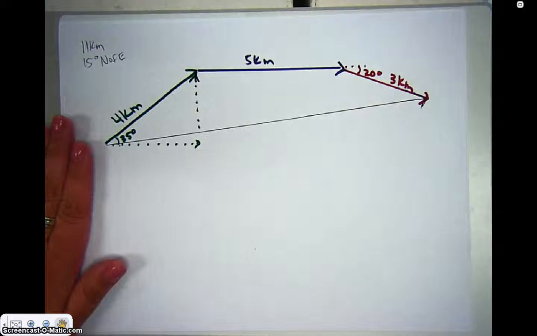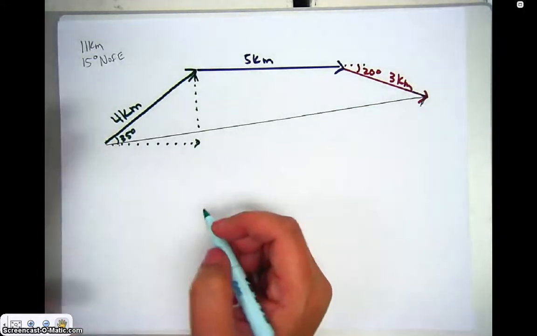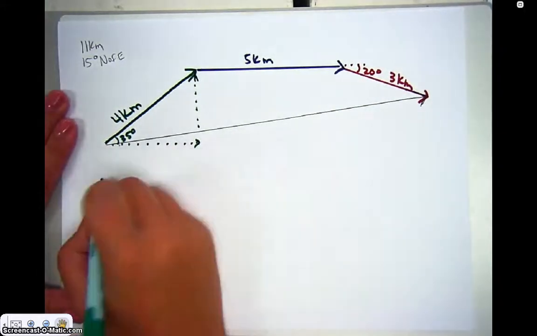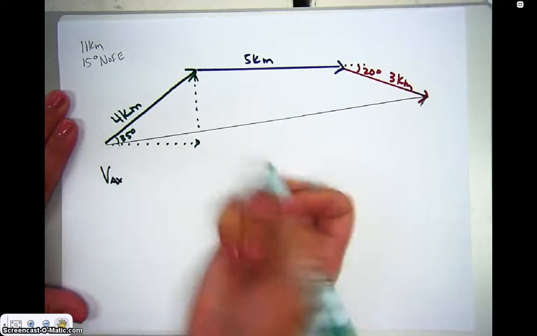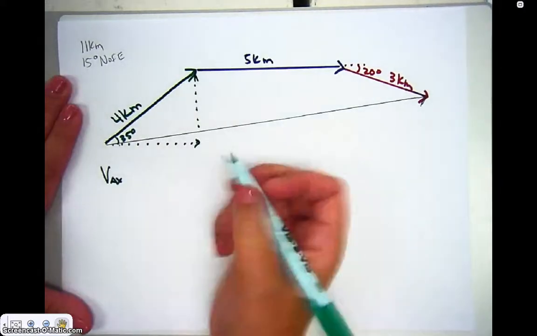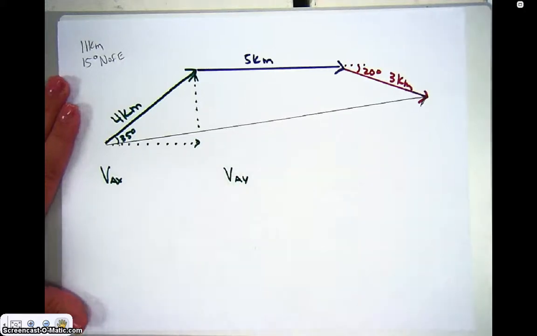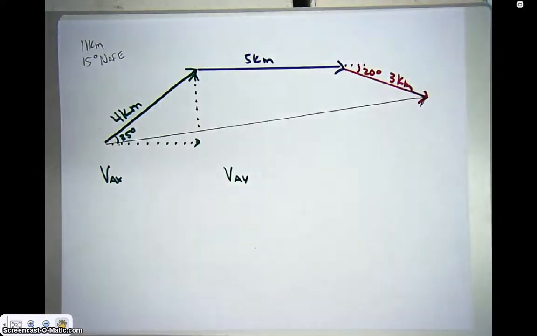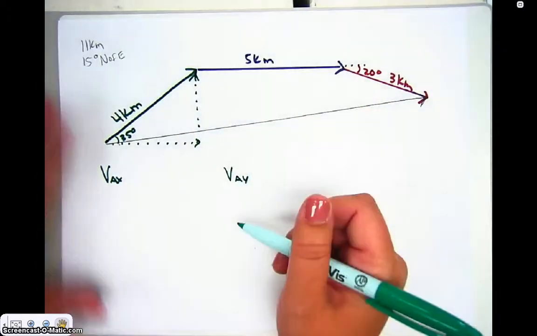So that is the x and the y of the 4 kilometer vector. What we're going to do is start with x's here, so we'll call that vector Ax. Then we'll do vector Ay. And remember that we're going to use cosine for our x's, and we're going to use sine for our y's.